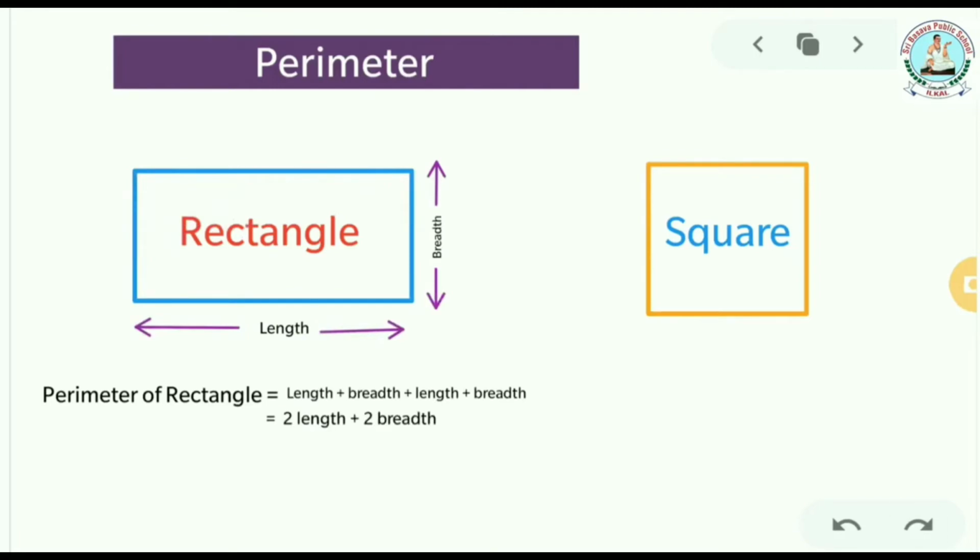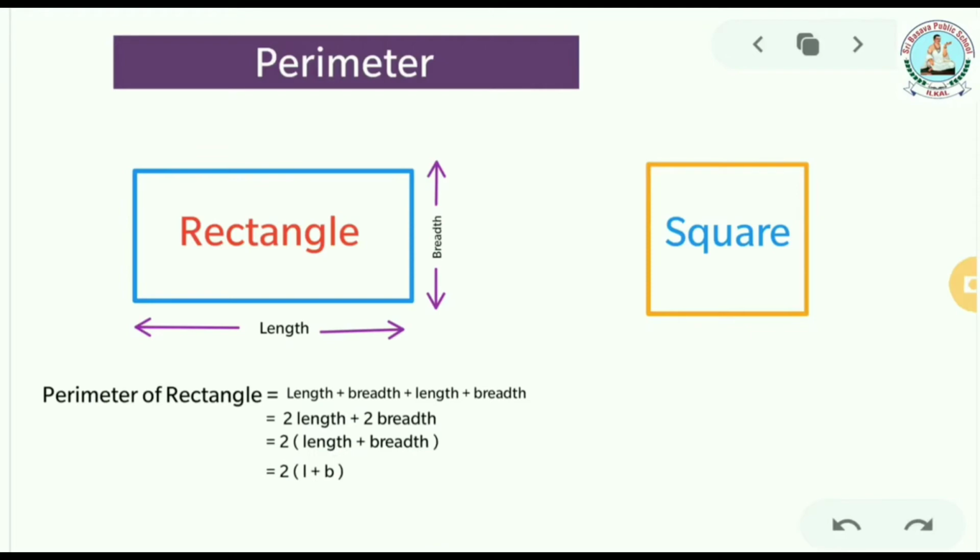It looks like this. How many lengths are here? 1, 2. So write 2 lengths, and plus. How many breadths are here? 1 and 2. So there are 2 lengths and 2 breadths. Let us simplify them. In these two terms, the digit 2 is common, so keep that 2 outside the bracket, and length and breadth are not common, so put them inside the bracket.